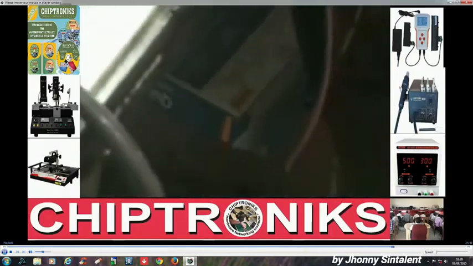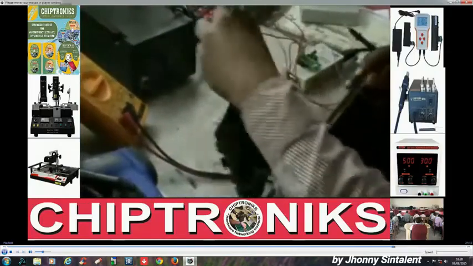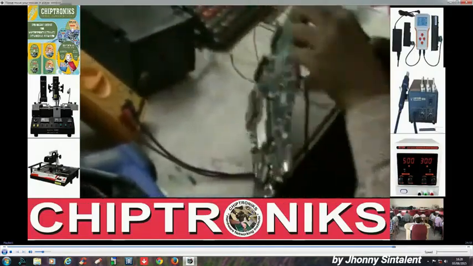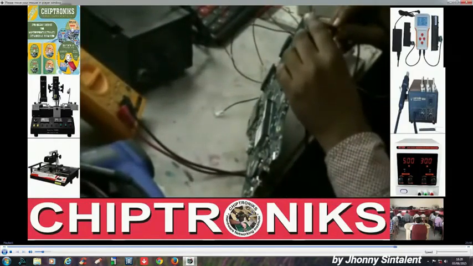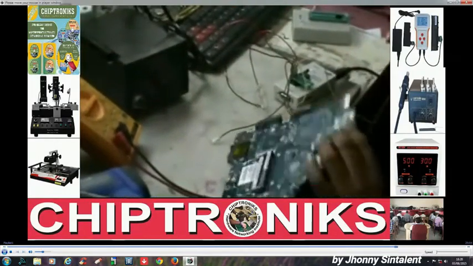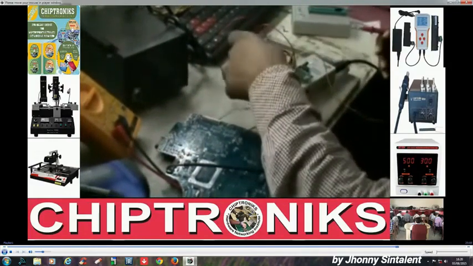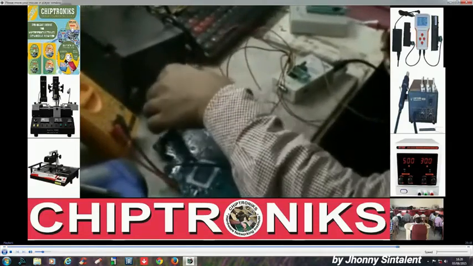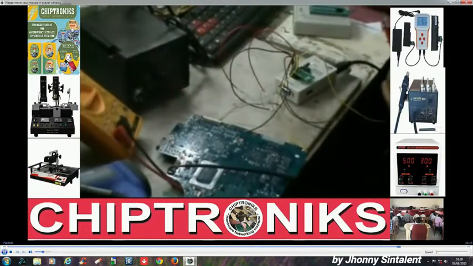And you see, we have just grounded pin number 16 of this keyboard connector. I've connected pin number 16 of this keyboard connector with ground. So we have grounded it, alright? And we also have to ground the other one. You can see this is grounded. So now all the configuration has been done.